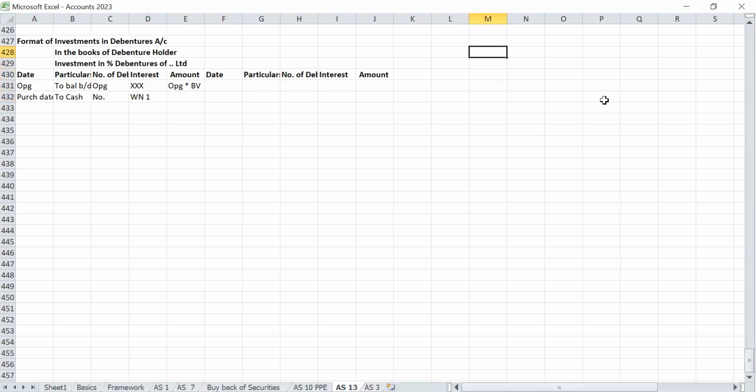In this working note, the format will be date, number of months, interest, number of debentures, total.